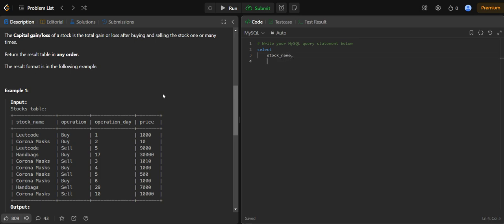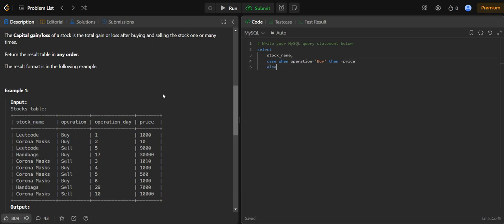Okay. Then I will write a case when statement. Case when operation equal to buy, then minus price.